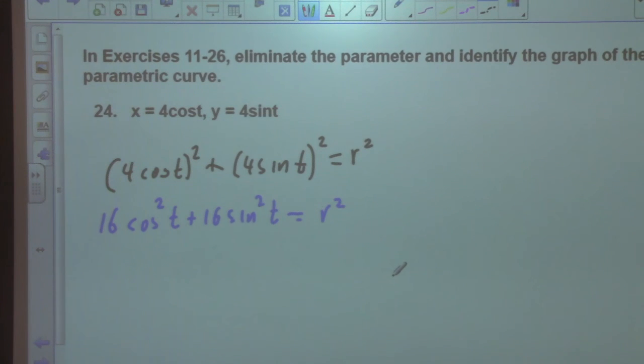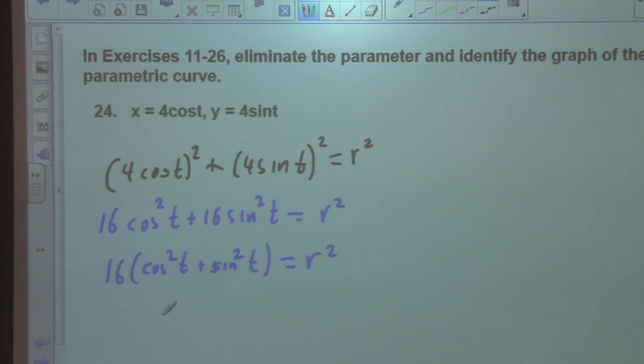Yes. Okay. And then I put the 16 on the outside, so 16 goes like this, right? And that's r squared. And this simplifies to? This simplifies to 1, right?